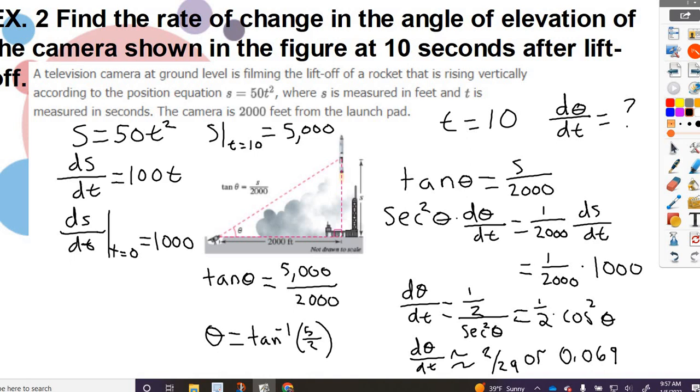And then what's your unit here? What is the unit of our theta? Well, the unit of our bottom is in seconds. But what's per second? Is our theta in feet? What did I say we were in? Radians.